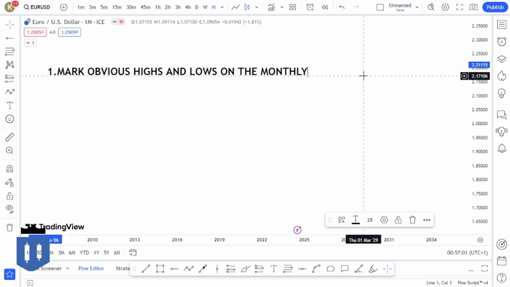And number 2, find mitigated POIs, mitigated OBs or FVG or rejection block.